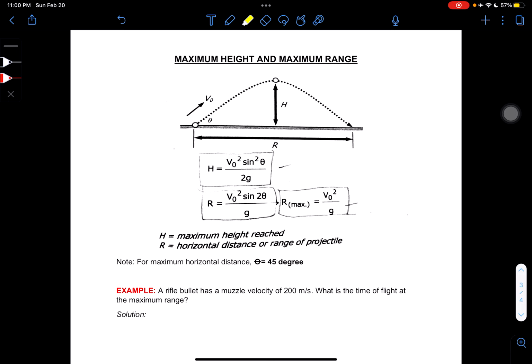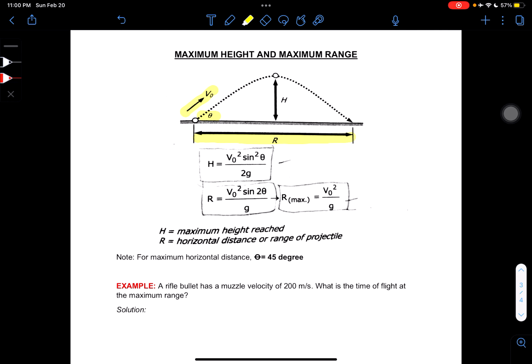We have here the maximum height and maximum range. So sa maximum height, atong formula is lahi sa projectile motion. So we have here natay given nga velocity initial, and angle, and R, and we have our maximum height, which is the letter H. So kaning R is the horizontal distance or range of projectile, and H is the maximum height reached.